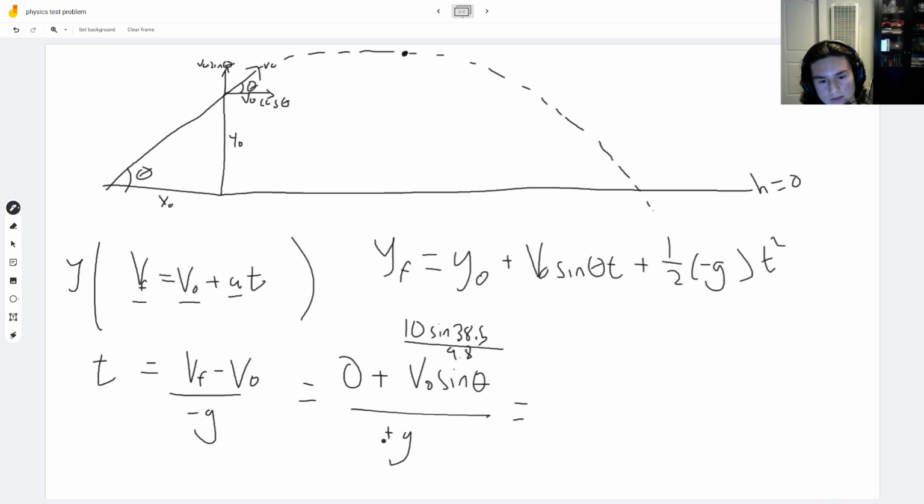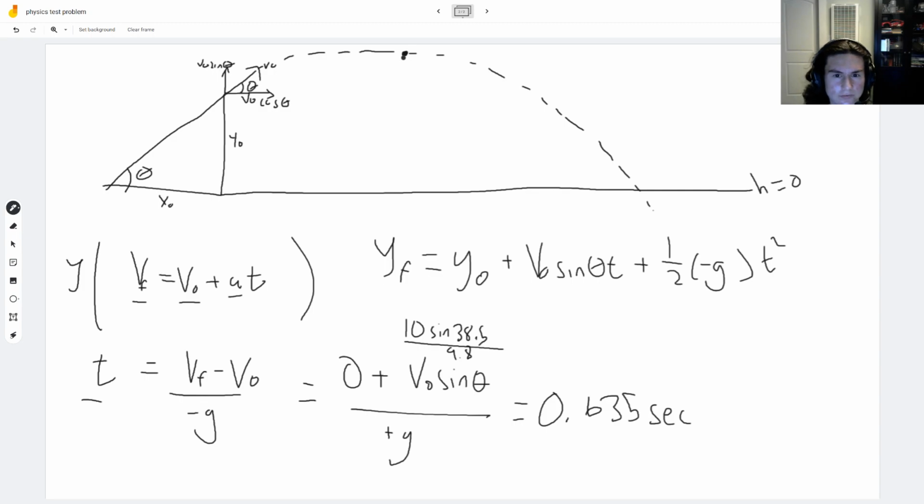The negative signs cancel, and I'm going to put this into a calculator. 10 sine 38.5 over 9.8. And we get a time of, this is solving for time, remember, 0.635 seconds. So that's the time it takes to reach this.